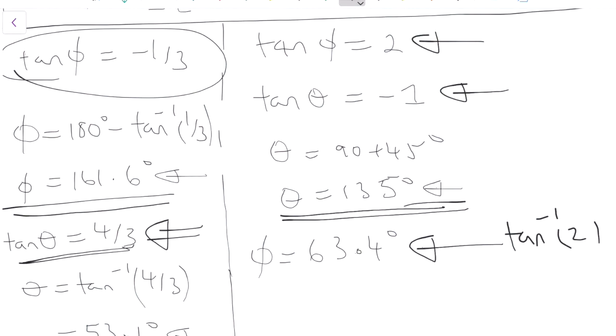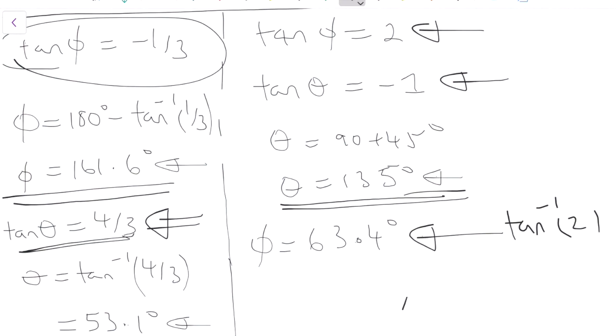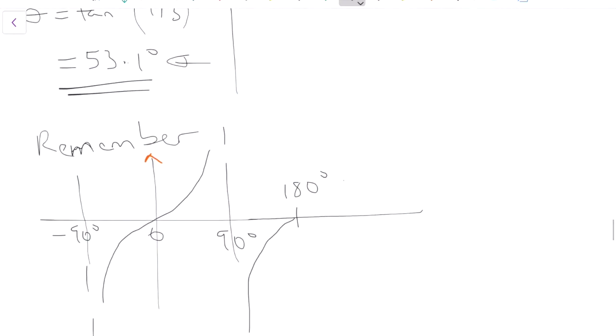And you will have realized that I solved these questions quite quickly, and that's because I know what the graph of tan looks like. And you should always remember what the graph of tan looks like, and it looks like this, right? So I plotted it for the first two quadrants, which are here. Oops, let me undo this.